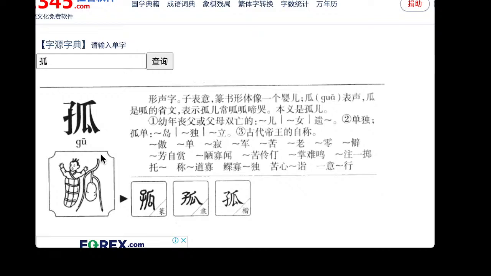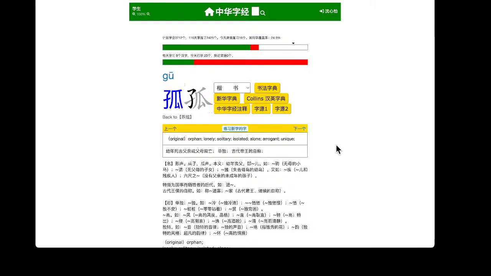Gua. It's phonetic because it sounds like the baby crying. Gua. So this poor orphan child, with no one to give comfort when the baby cries, is an orphan.